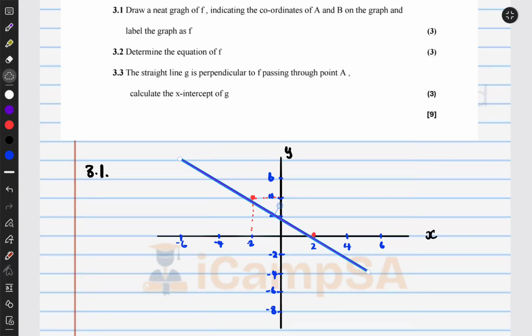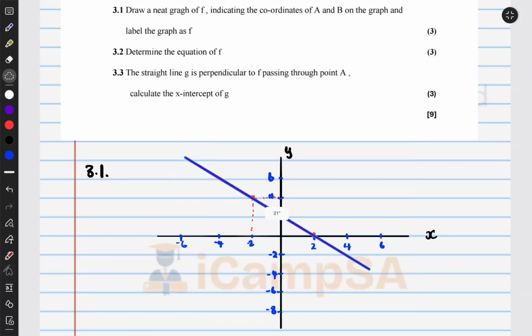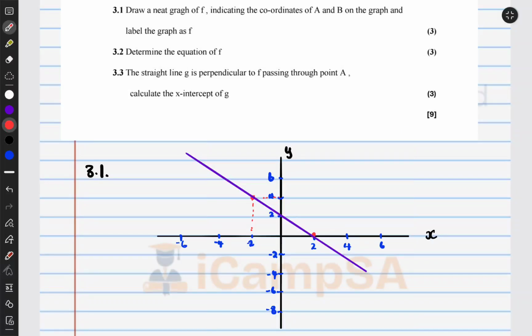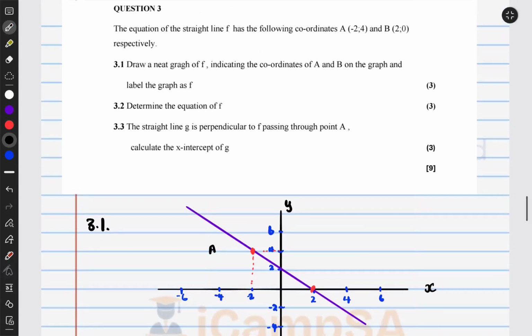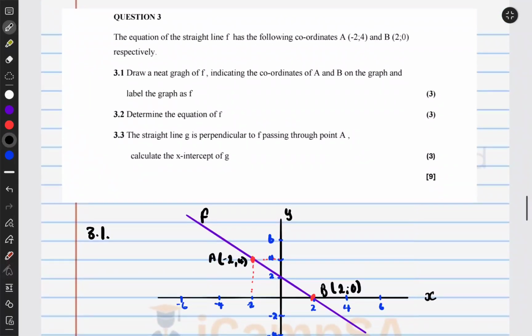We join the 2 points that we have just drawn here. And then we can once again label the coordinates. This is -2 and 4, and then b is 2 and 0, and we also label the graph as f. Okay, and then you are done at that point.